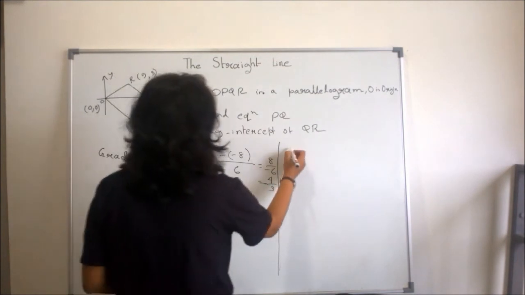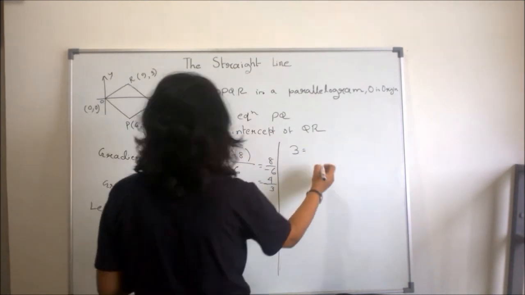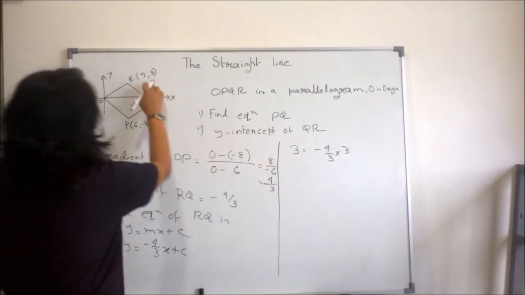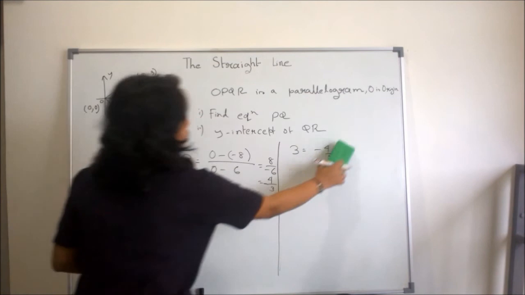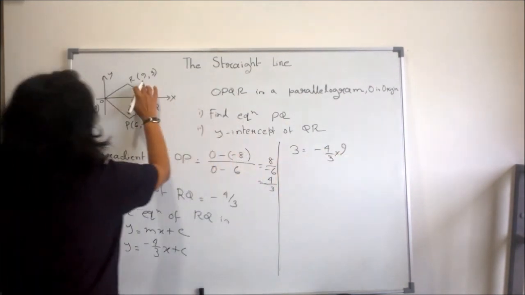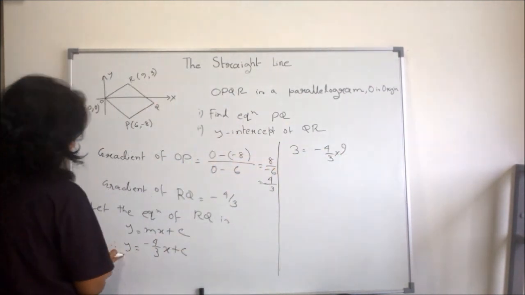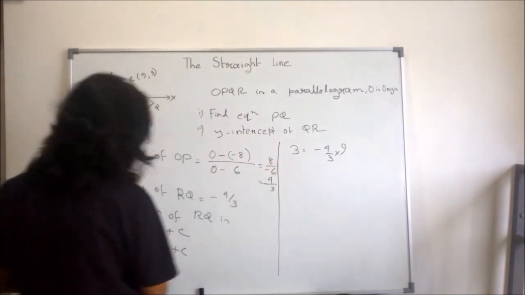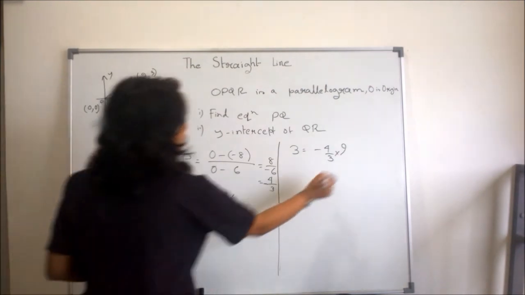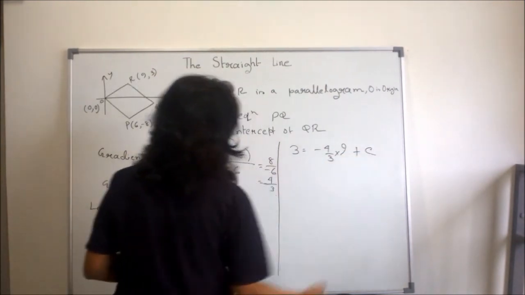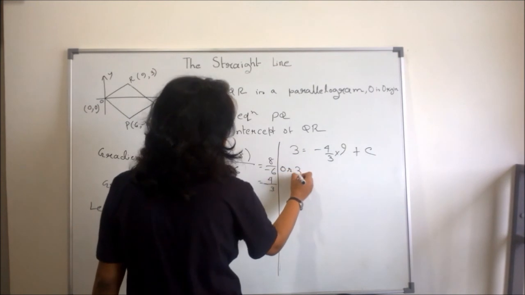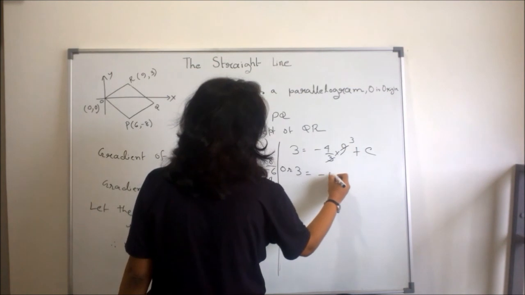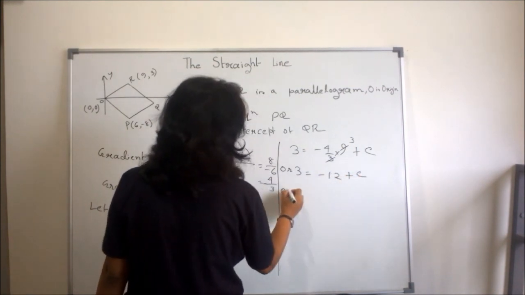So 3 = -4/3 × 9 + c. In place of x we put 9, and in place of y we put 3. So 3 = -12 + c.